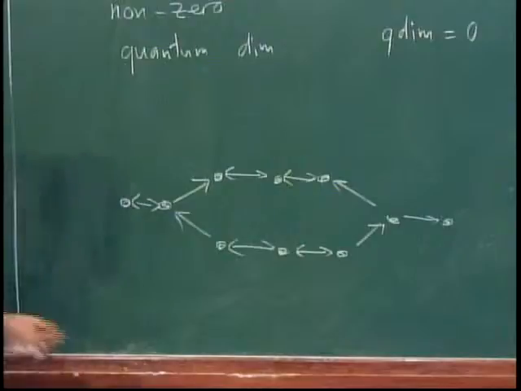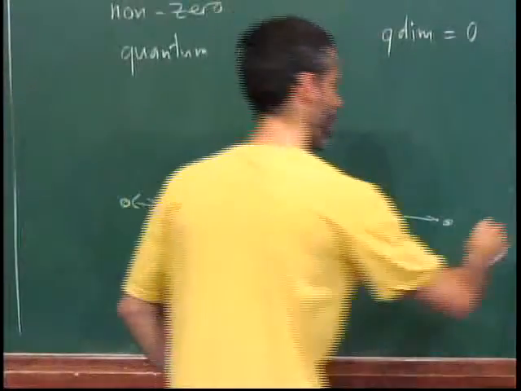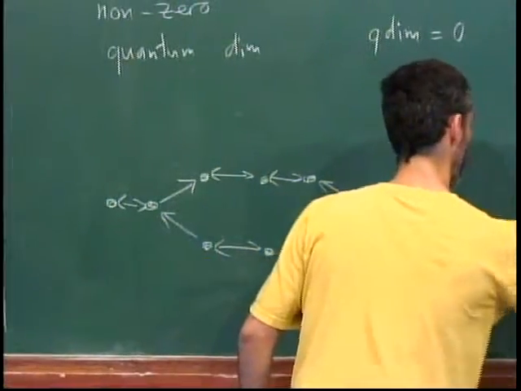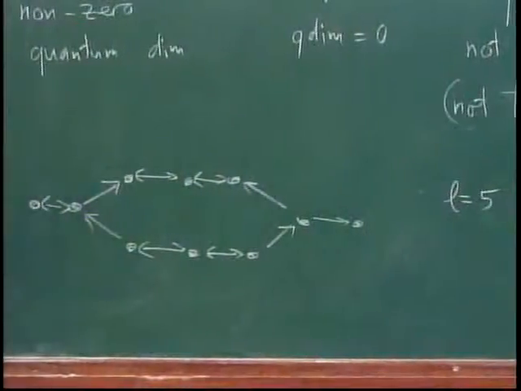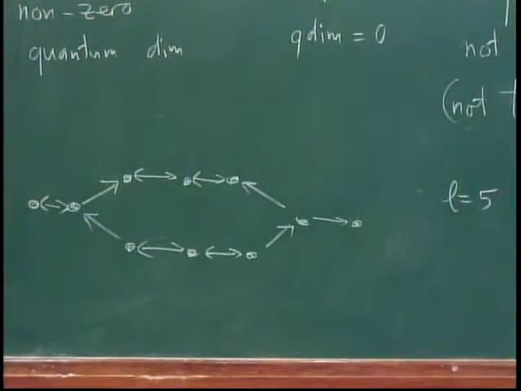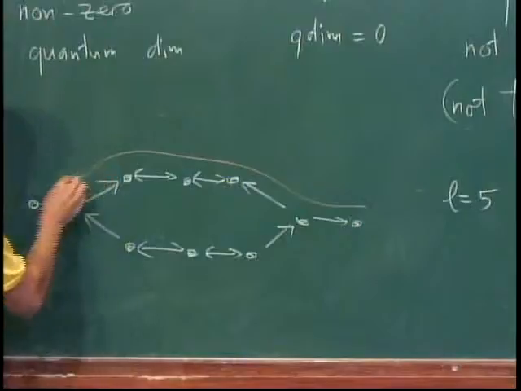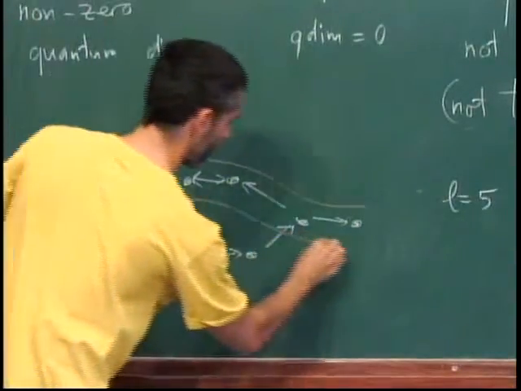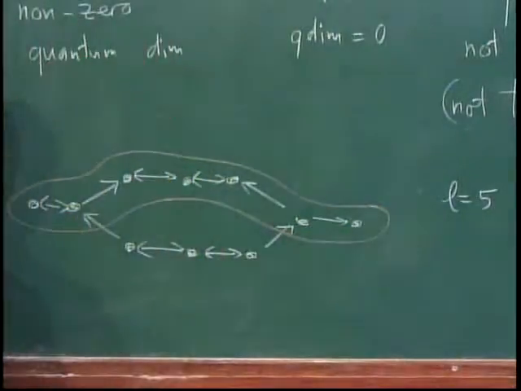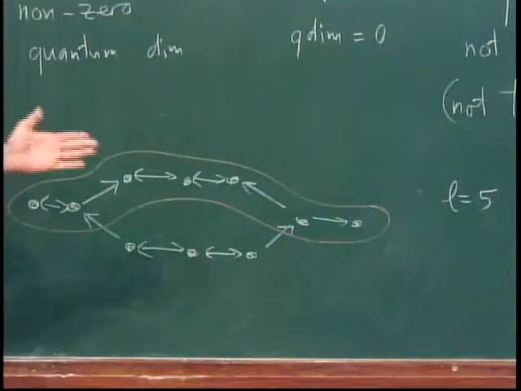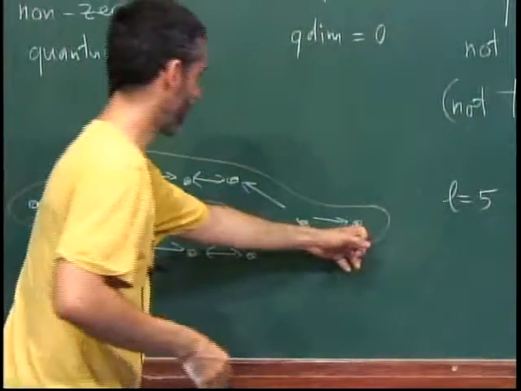So here in this example, I have L equals 5. And I'm looking at a tilting module that has a filtration. So this is a submodule, which is isomorphic to the Weyl module with highest weight.